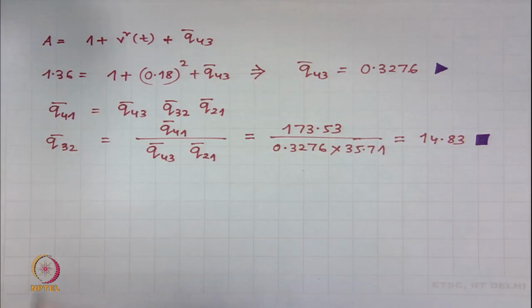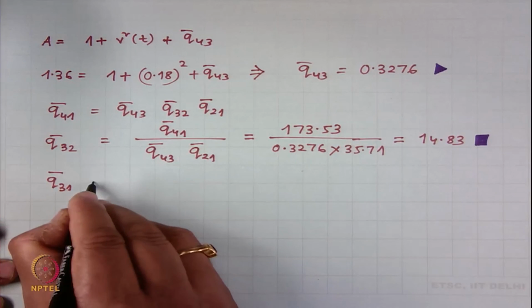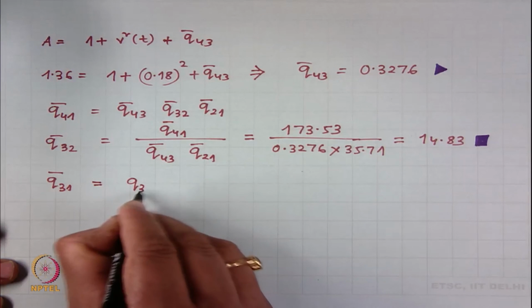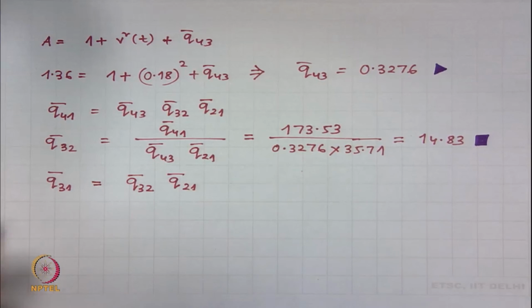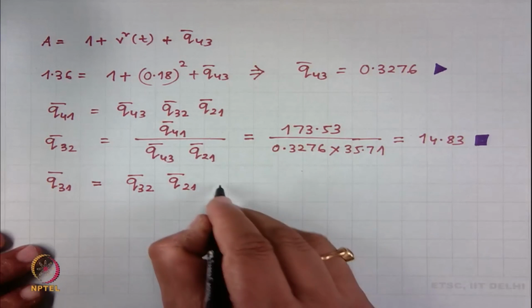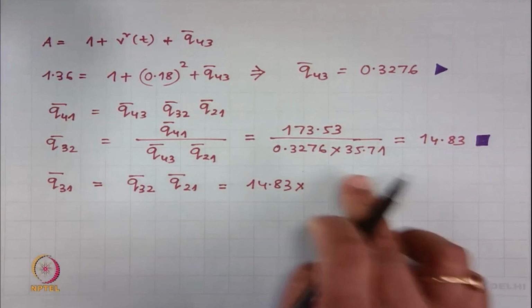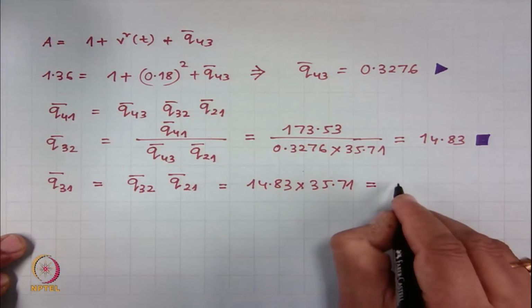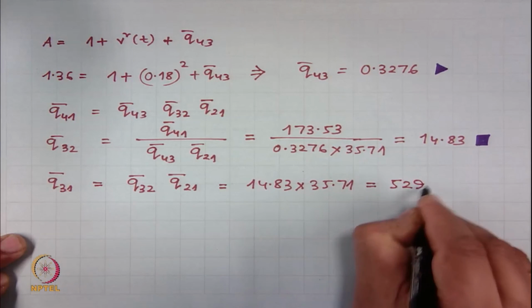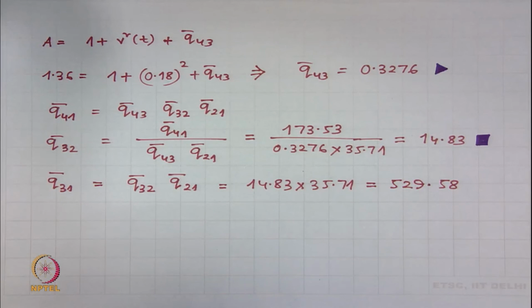Then we use another expression Q31 is equal to Q32 Q21. Then Q32 is 14.83 and Q21 is 35.71. 529.58, so large number.